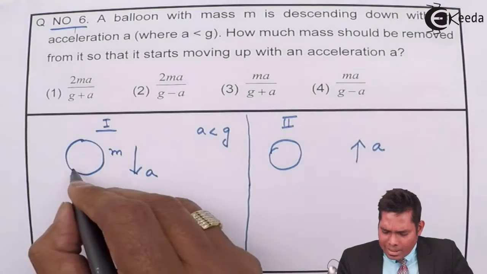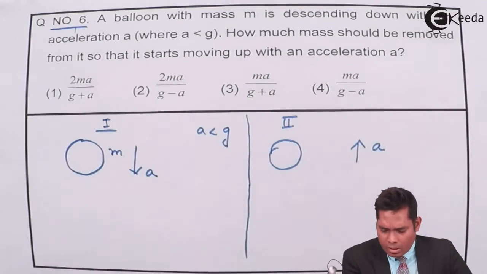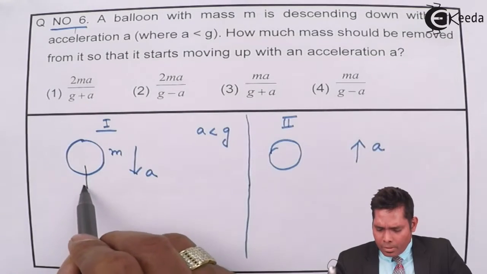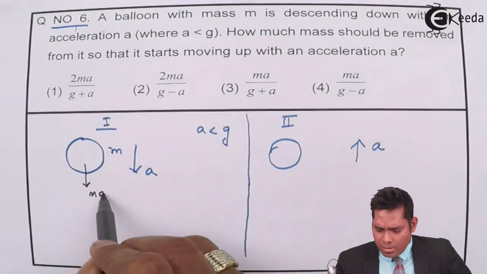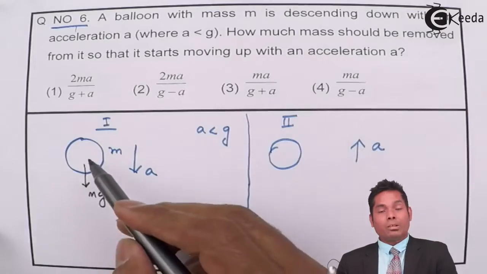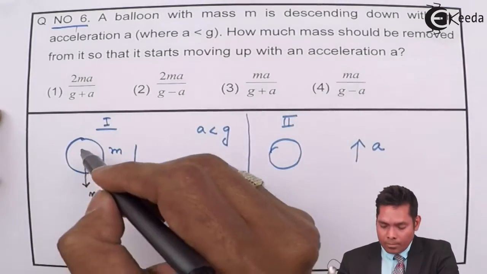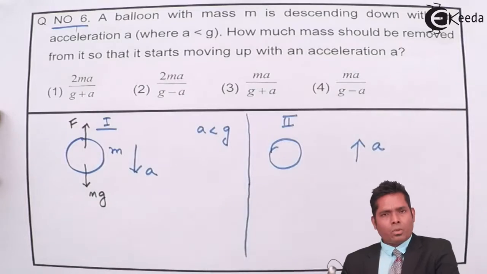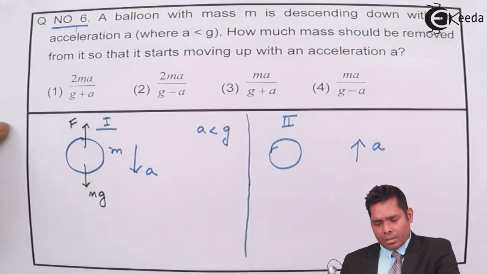Now, in this situation, the force diagram will be, this is the mass of the balloon and g, the gravitational force acting downward, and some buoyancy force, or thrust, acting in the upward direction.